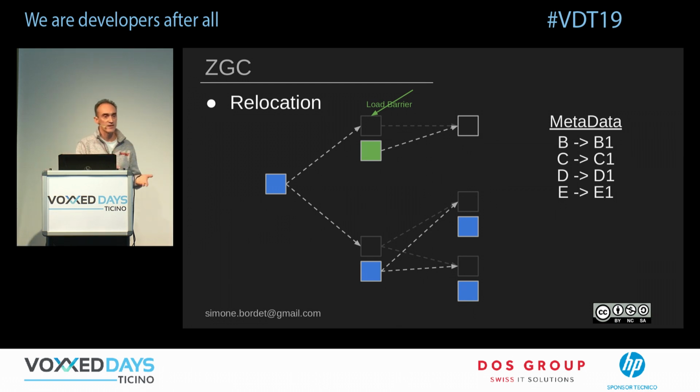Therefore, I need to take the slow path. What is the slow path? What phase am I in? I am relocating objects. Okay, so I need to relocate the object. And so the application actually does the work of the garbage collector. The application thread is relocating this object, okay? And so it creates a copy and stores the metadata information in the concurrent map, all right?